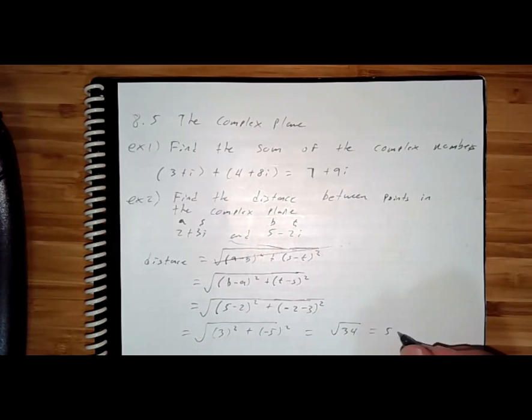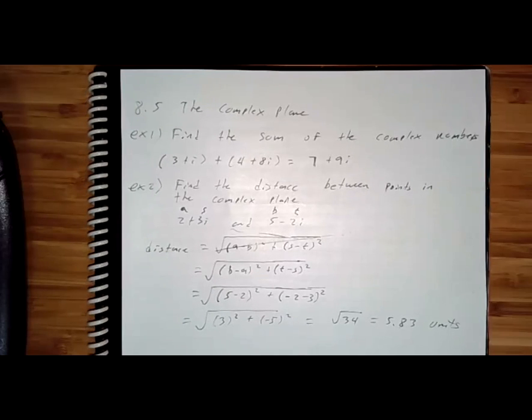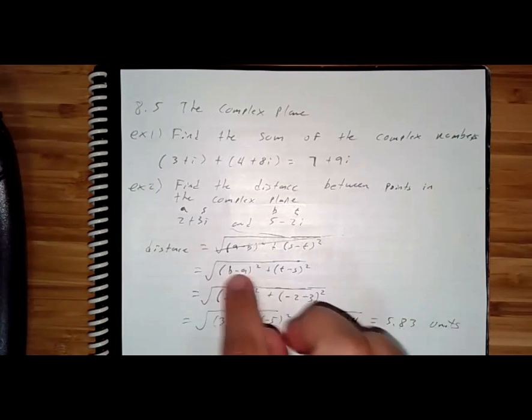This is my distance, 5.83 units. So if they ask for distance, just subtract them. Final point minus the first point, and then square the components. Or you could do it all at the same time like this.